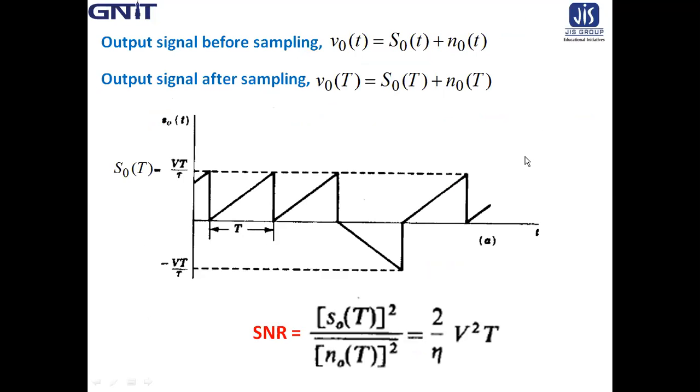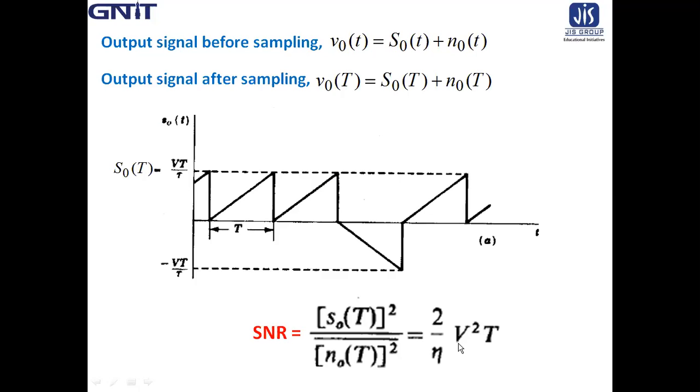The signal to noise ratio increases with increasing bit interval T, and it depends on V square T, which is the normalized energy of the bit signal.